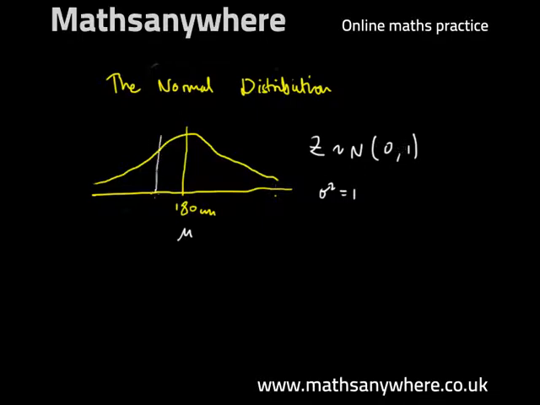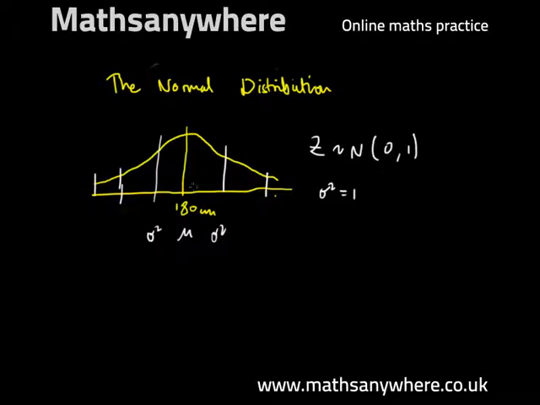So if we look here, you could put on one standard deviation away from the mean, either side, and you could in fact go 2 standard deviations away, 3, 4, and so on.